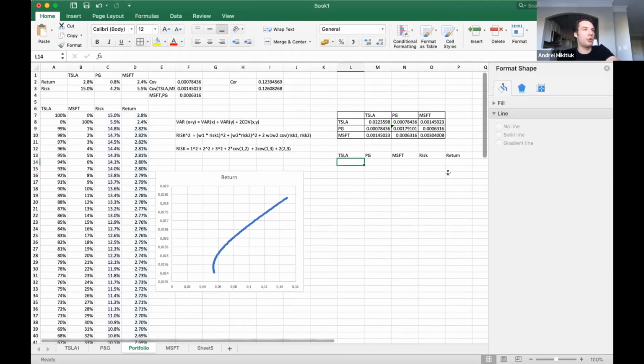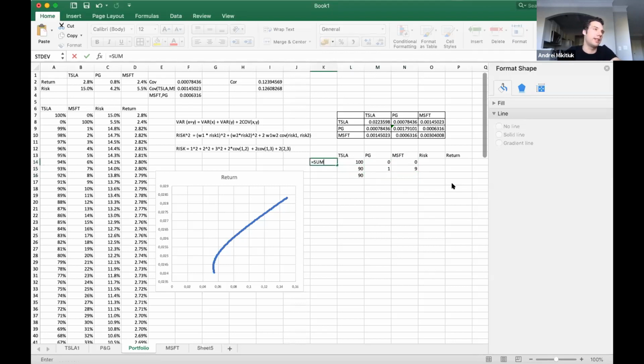So let's start with 100% Tesla, 0. And the biggest problem here is just we need all these combinations. So 90, and we have 10% left. So basically we need like 10 ways of. So we need all these things to sum up to 100.